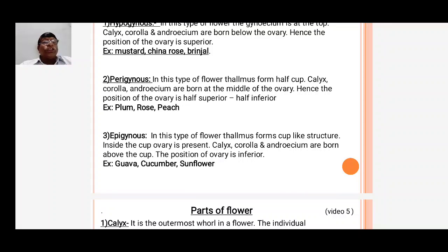The calyx, corolla, and androecium are born above the cup. Hence, the position of the ovary is inferior. Okay. So thus we have three types of flowers: hypo, peri, and epigynous flowers. Most important for NEET examination.